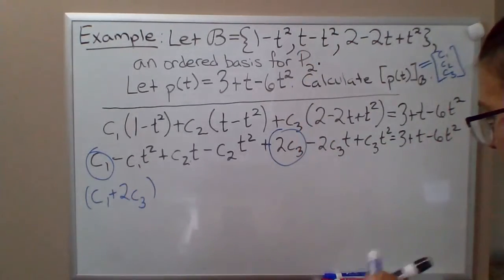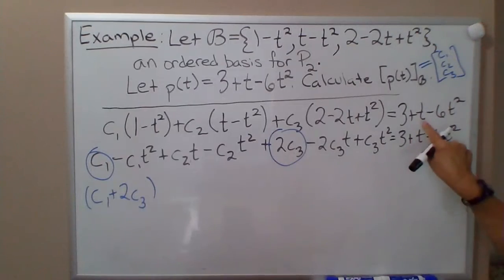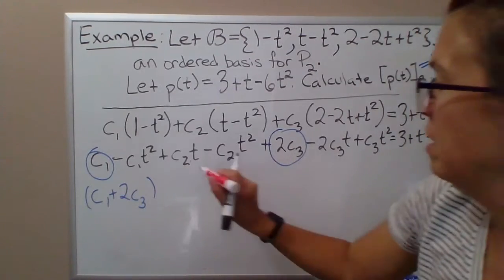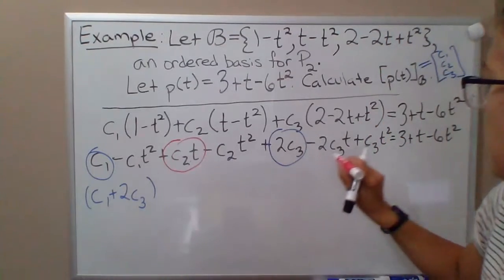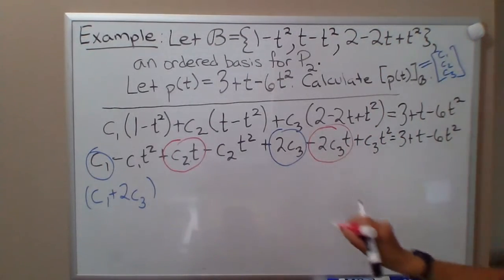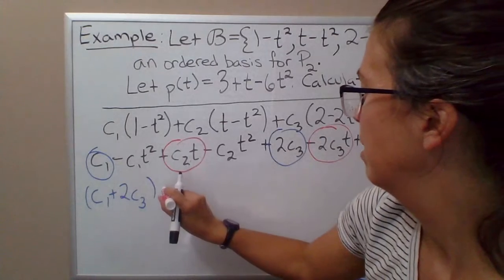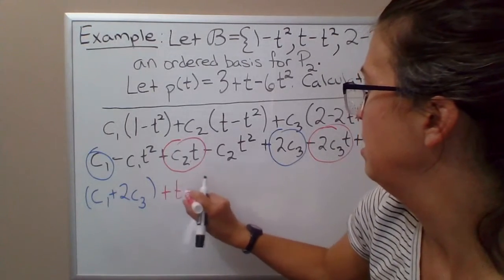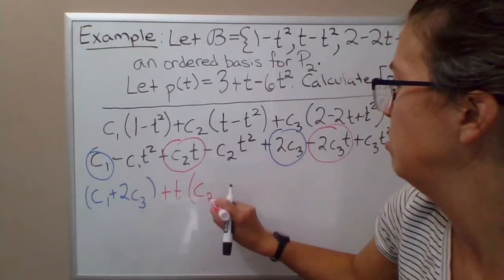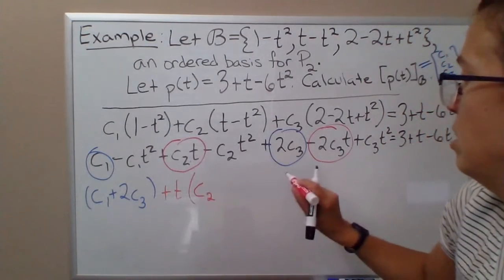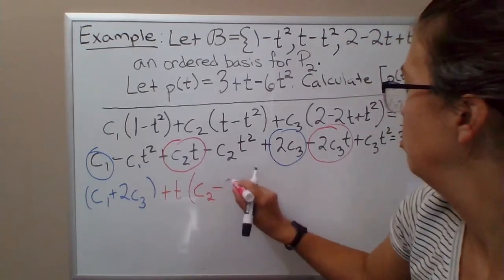Okay. Now I have t to the first on this side. Let's combine the t to the first terms: C2 times t, negative 2C3. So we have plus t times the coefficients of t, which are positive C2, minus 2C3.